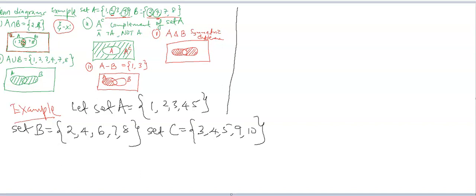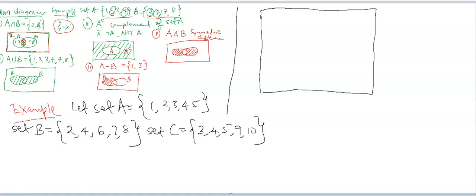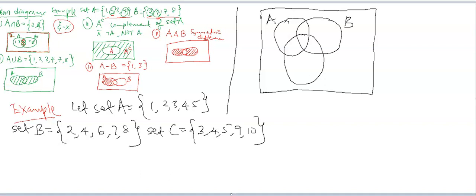Again, you need to draw the rectangle that represents the universal set, and then you draw three circles that are overlapping. You can draw better circles than this. So let this be set A, this set B, this set C. So we want to represent these three sets in a Venn diagram.